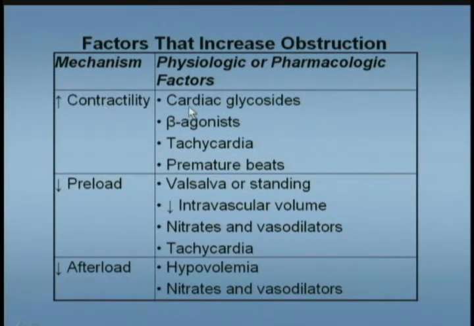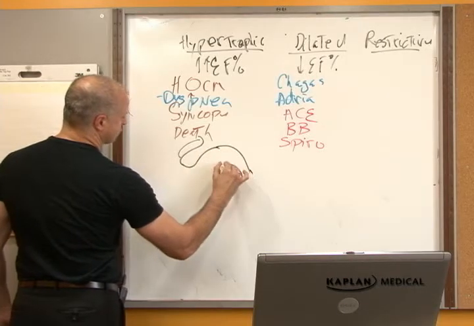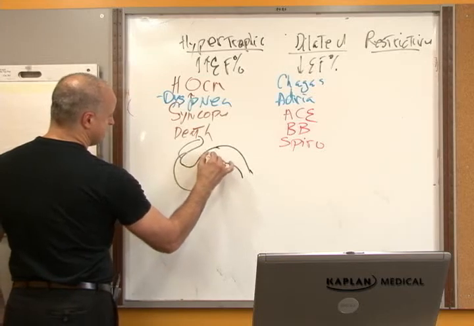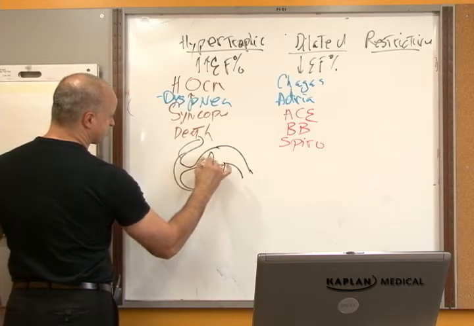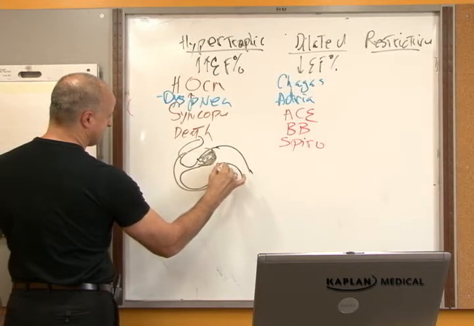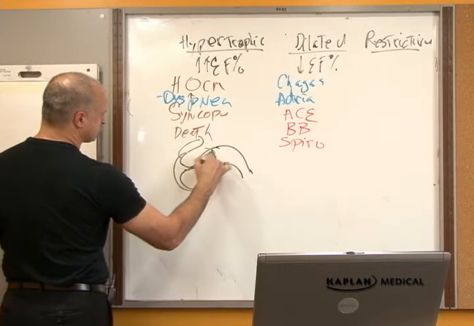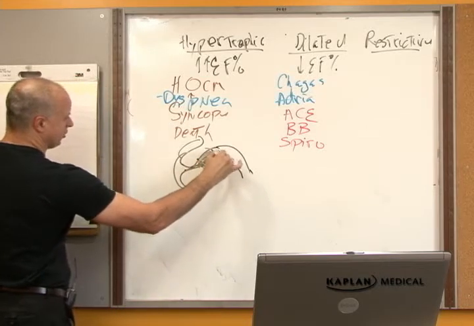When you have beta agonists and tachycardia, the ventricular chamber size gets smaller. See, this is the ventricle trying to empty. This is the extra hypertrophic piece of meat on the side of that ventricle: asymmetric septal hypertrophy.